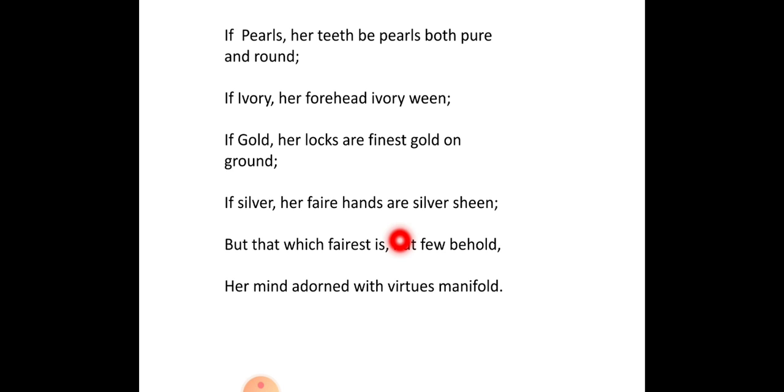While the speaker details six features, not one virtue is named. He said virtues manifold, but he did not mention any one of them. The woman's face and hands are public. Anyone can see her and can observe her extraordinary beauty.